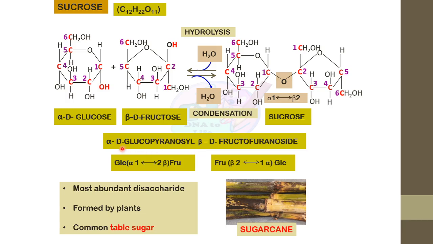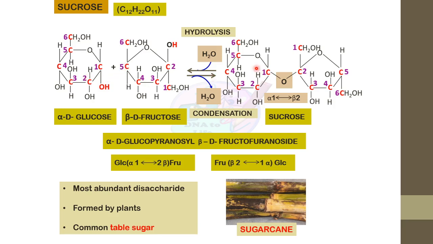This is also written as alpha D glucopyranosyl, because glucose is in pyranose structure, and fructofuranoside, because fructose is in its furanose form. In short, it can be written like this. We have talked about mutarotation, in which we said that in aqueous solution, sugar always interconverts between its open and cyclic form.